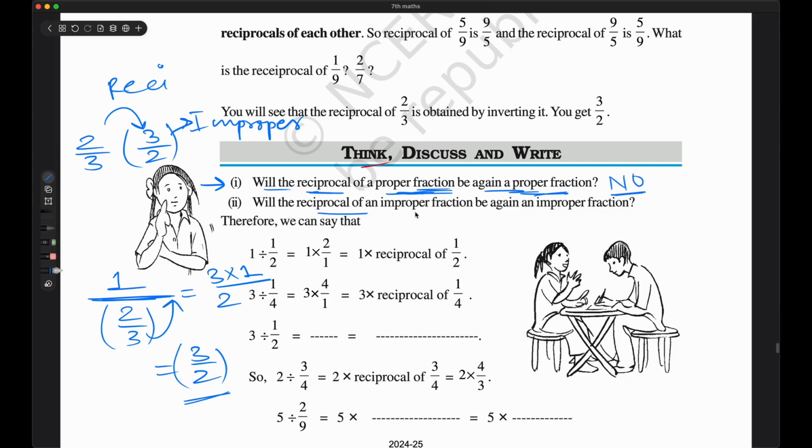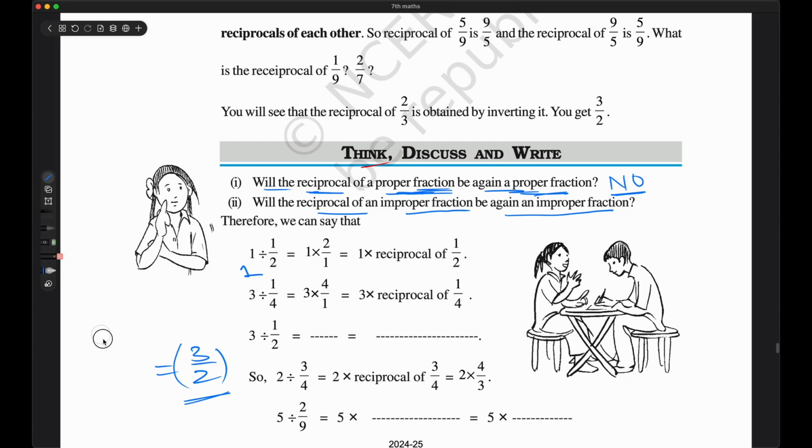Will the reciprocal of an improper fraction be an improper fraction? So let us take an example. Let's say 7 by 5 is the improper fraction.